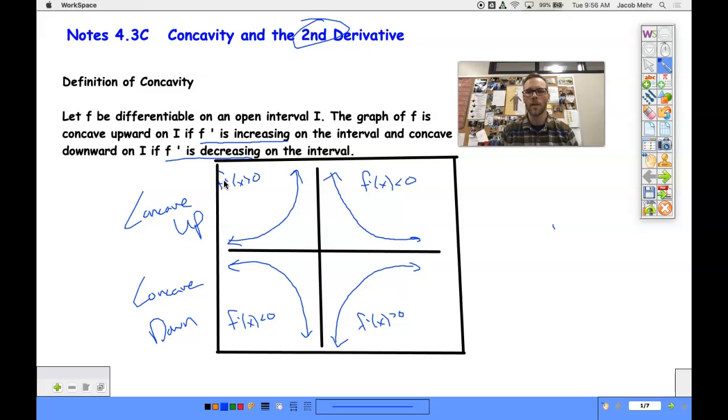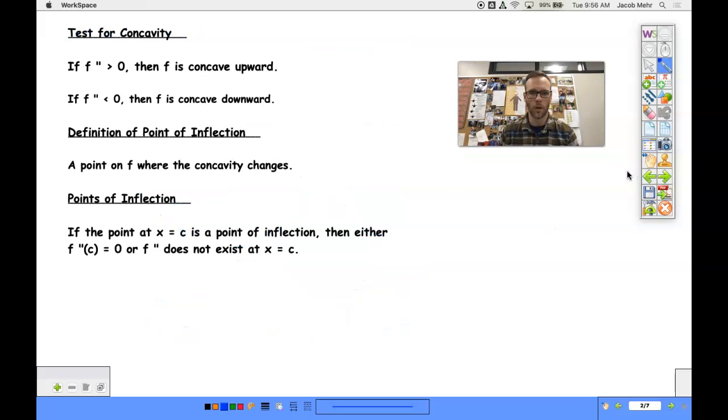Now, where the derivative is positive, it's increasing. Where the derivative is negative, it's decreasing. So where f double prime is positive, f prime is increasing, it's concave up. Where f double prime is negative, f prime is decreasing, and it's concave down. All right? So how do we test for concavity?